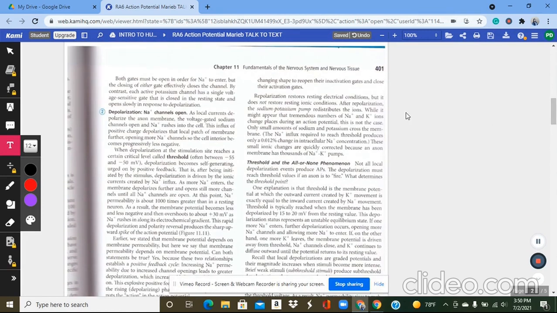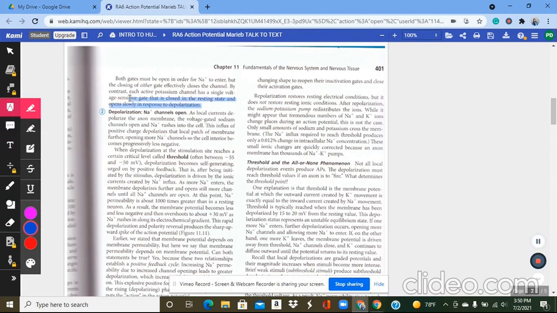Both gates must be open in order for sodium to enter, but closing of either gate effectively closes the channel. By contrast, each active potassium channel has a single voltage sensitive gate that is closed in a resting state and opens slowly in response to depolarization.